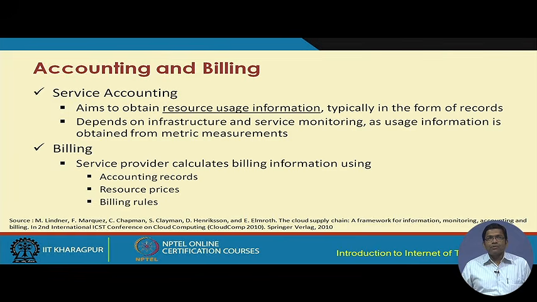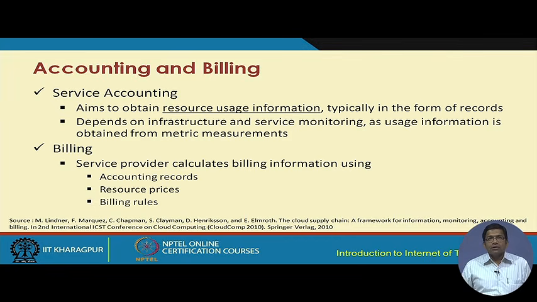There have to be rules based on which the customer is going to be billed. Maybe this much unit of resource consumption will lead to this much billing rate, and a higher amount will lead to another higher rate, and so on. So, there have to be slabs or some billing policy, some billing rules which have to be agreed upon between the customers and the service provider.